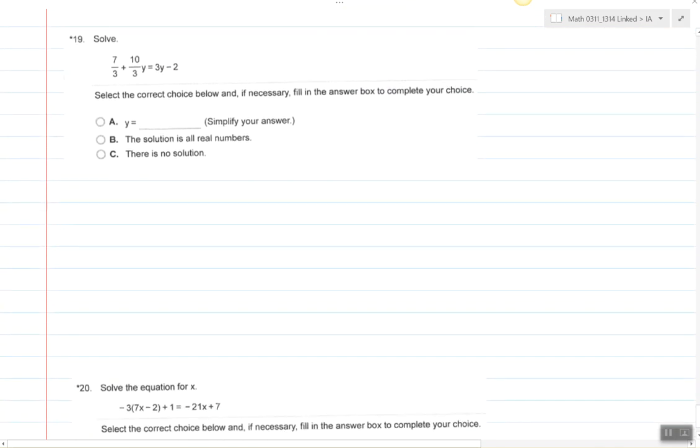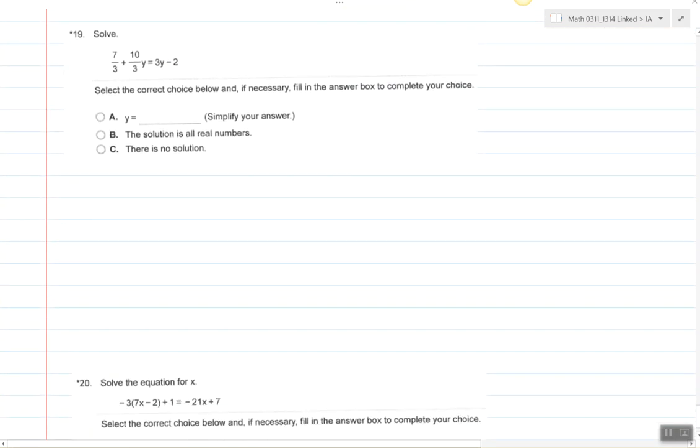All right, number 19, we have another equation with fractions in it. I have 7/3 plus 10/3 y is equal to 3y minus 2. There are two fractions in this.